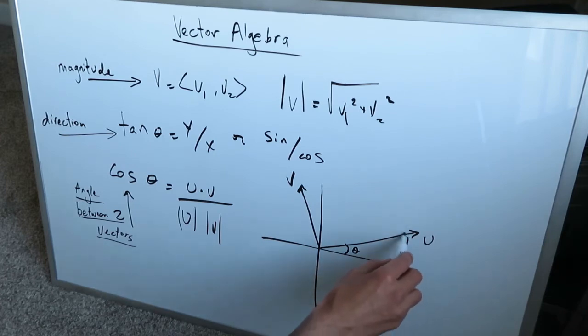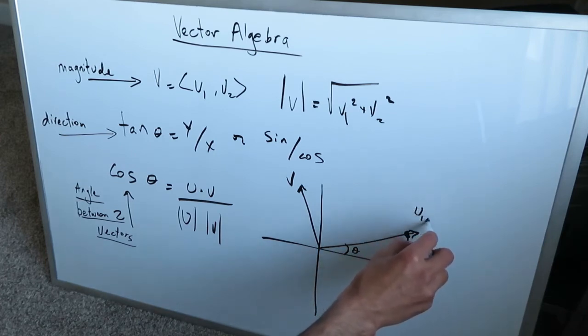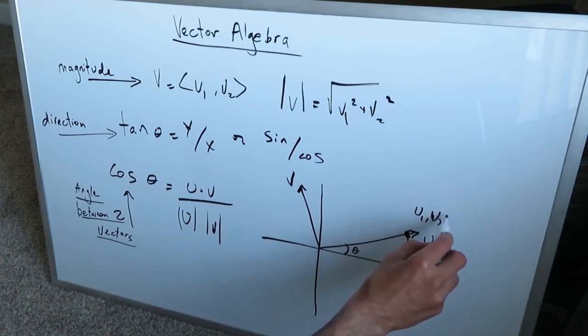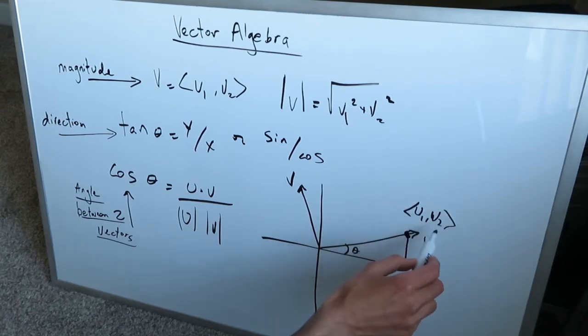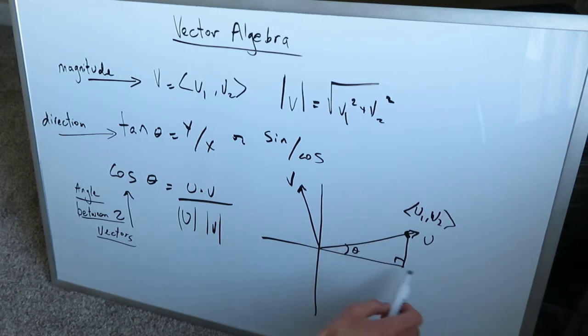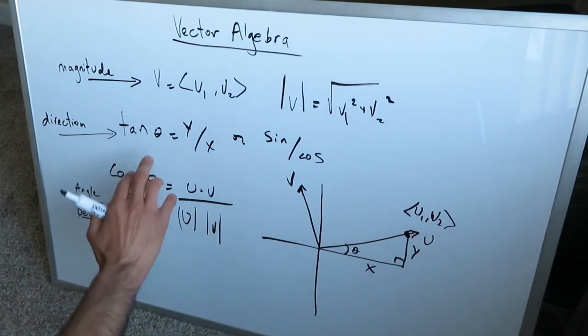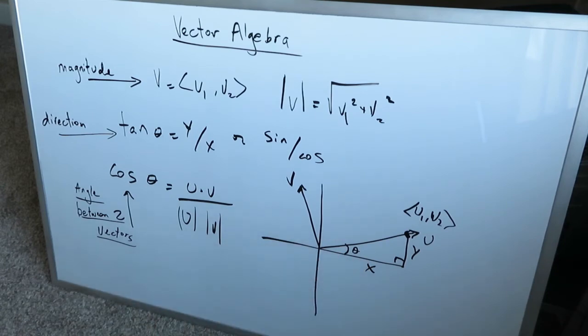The endpoint of this u vector is u1 comma u2, the x component and the y component. The theta would be the y component, u2, divided by the x component, u1. You do the arctan, the inverse tan, so u2 divided by u1, or y divided by x, or the sine component divided by the cosine component. You do the inverse tangent and you'll get that direction.